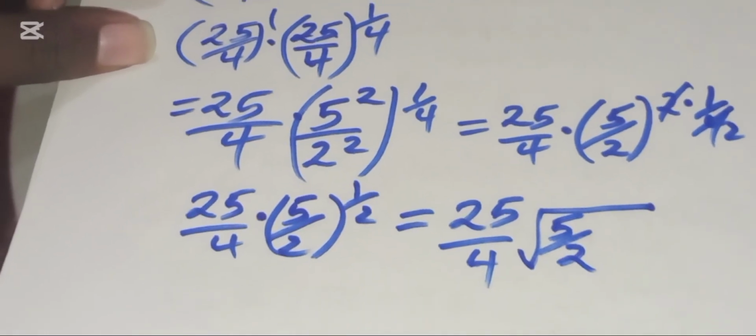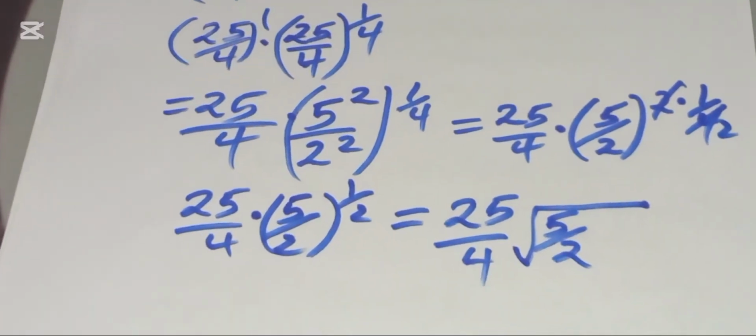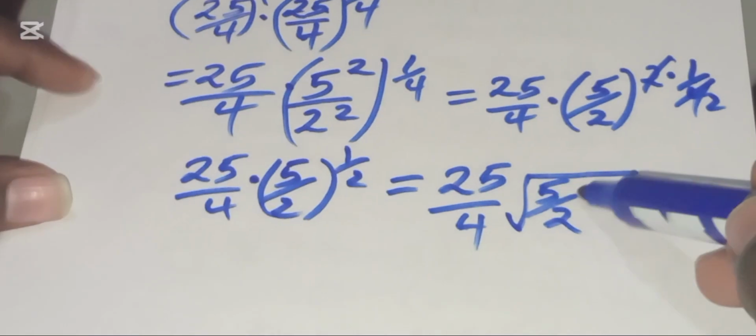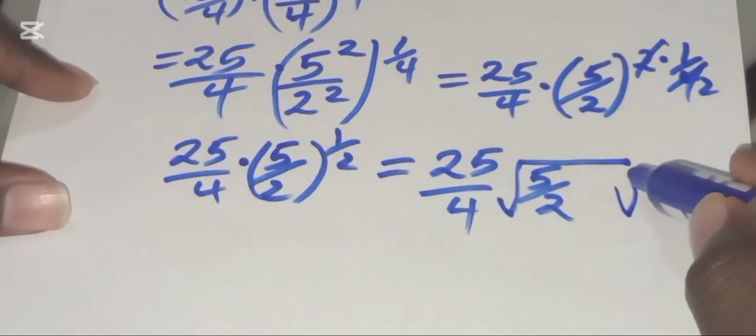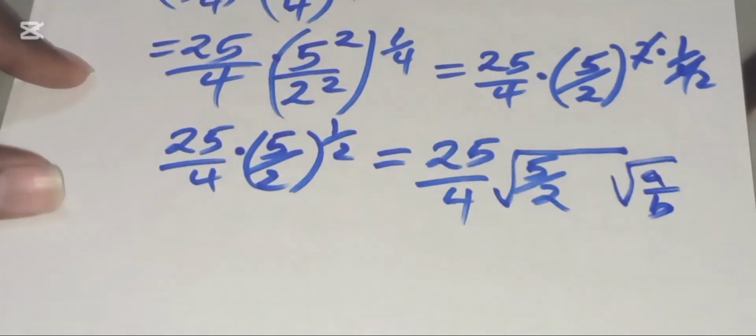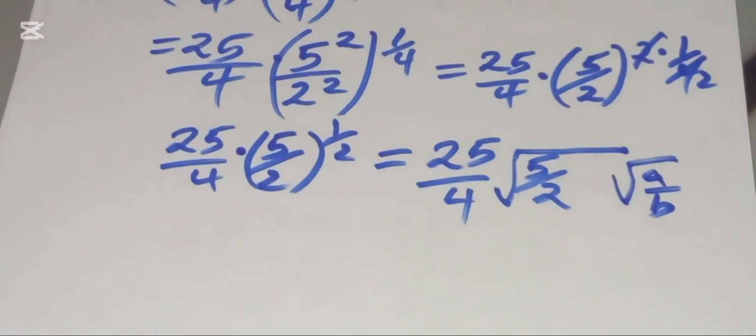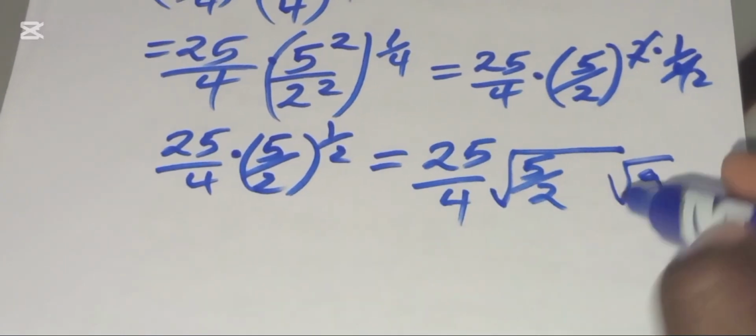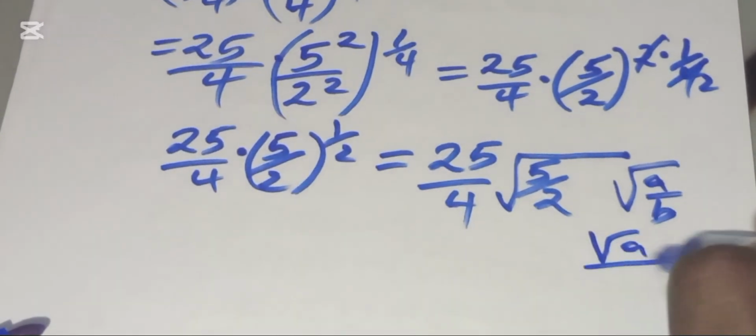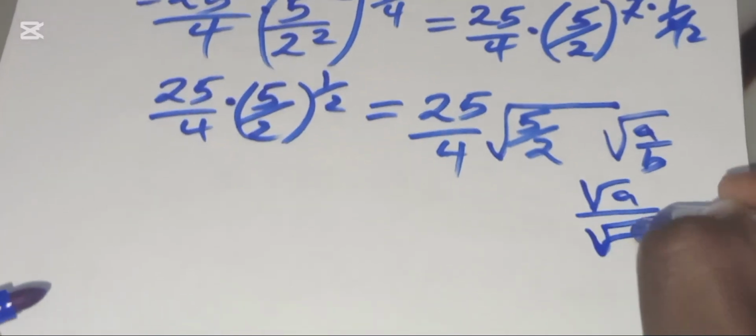Okay, now again from what we have here, we can express this. Remember, if you have the square root of a divided by b, this can be expressed as the square root of a divided by the square root of b.